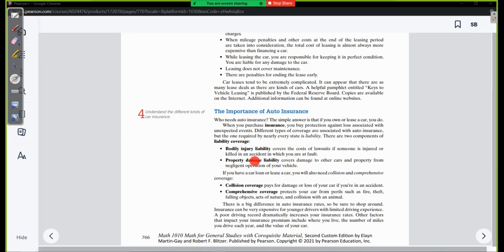Let's see if there's anything big we should talk about. There are two components to liability, and liability is basically what you cover: bodily injury liability and property damage liability. You also need collision and comprehensive coverage, and all these are usually rolled into an insurance plan.